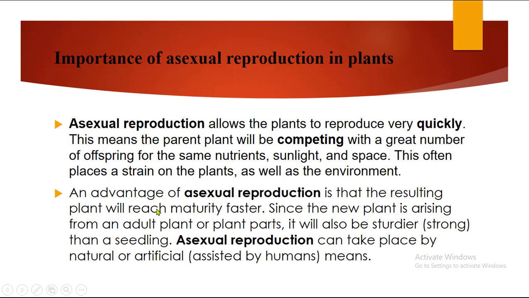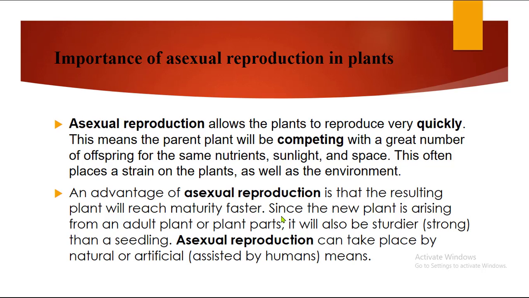Then another advantage of asexual reproduction is that the resulting plant will reach maturity faster. It will mature fast as compared to a seedling. For example, if you place a seed in the soil, it will take a large amount of time to germinate. After germination, it is fragile and can be damaged by environmental conditions.